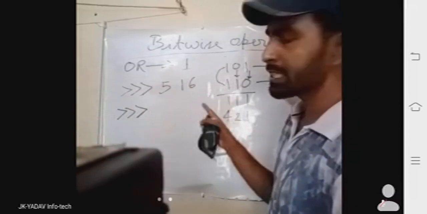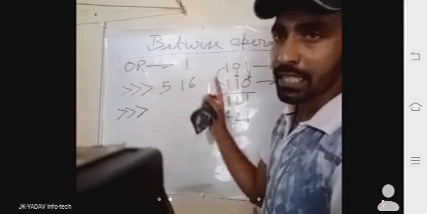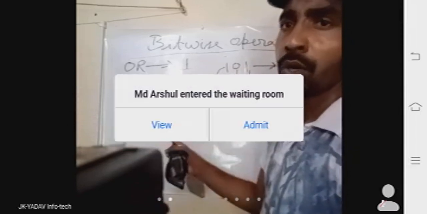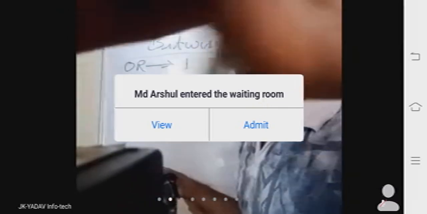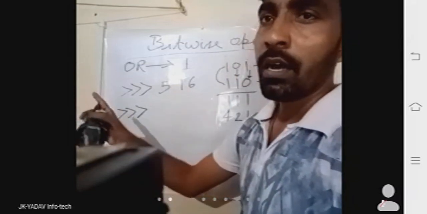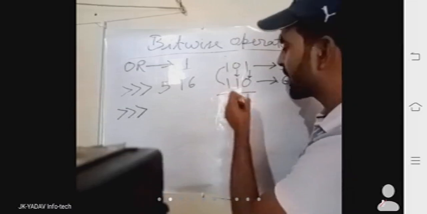If other digits are there, it continues like this: 4, then 8, 16, 32, 64, 128, 256, 512, 1024, 2048. And if any digit is 0, that will be removed.